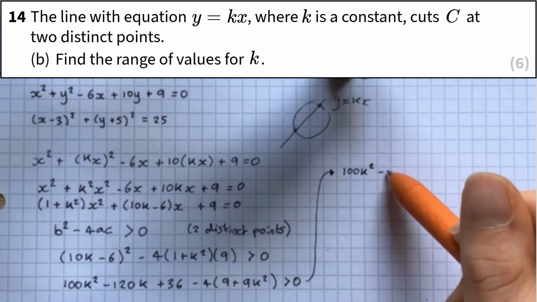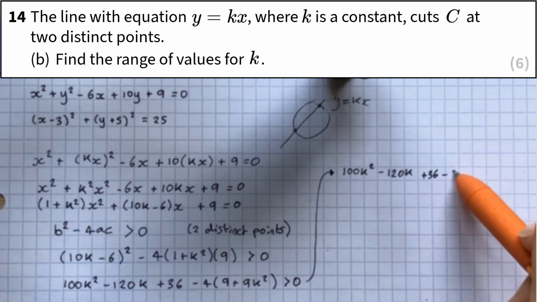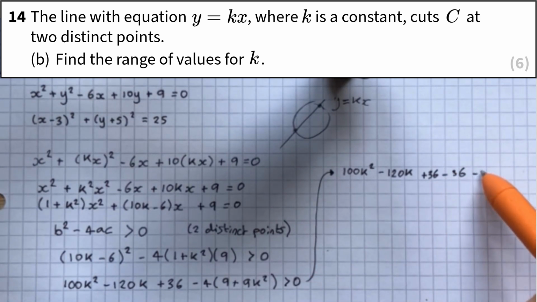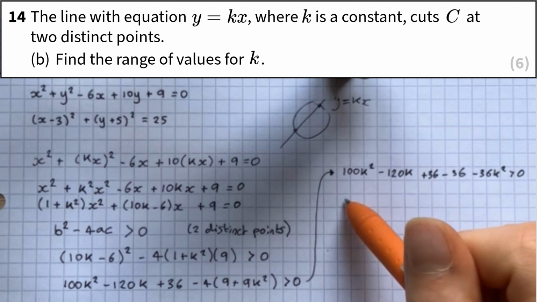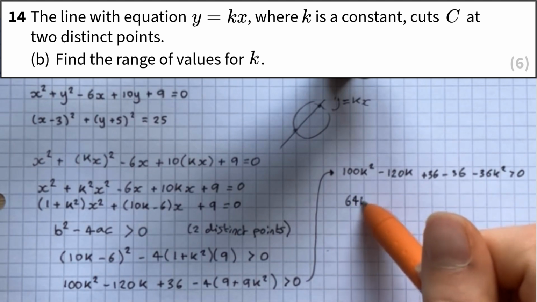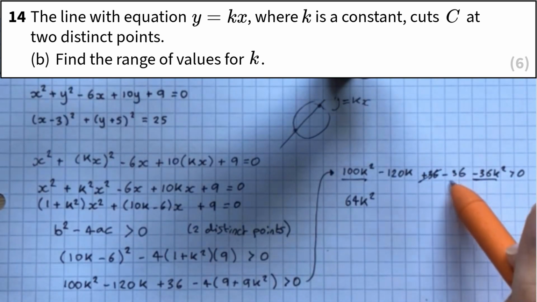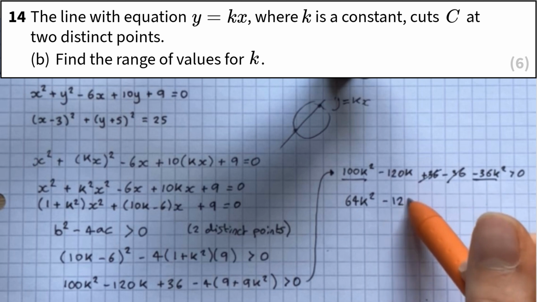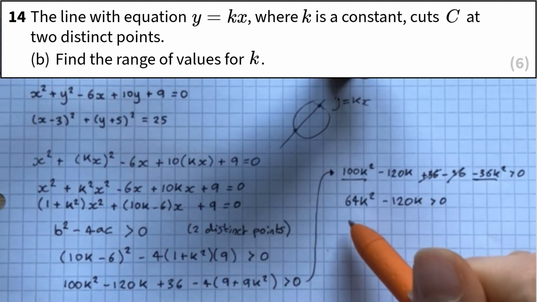So all the first terms were the same, and then at the end I'm going to be minusing 36 and then minusing 36k squared. Now we can start to simplify, cancel down some terms. So 100 minus 36 gives us 64. 36 and minus 36 disappear, and we're left with 64k squared minus 120k.